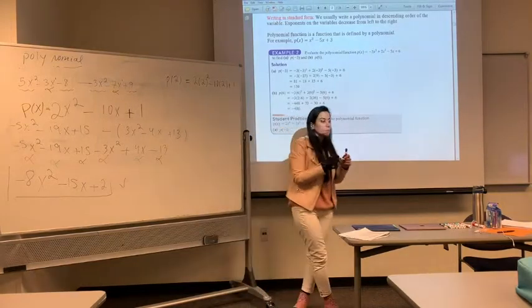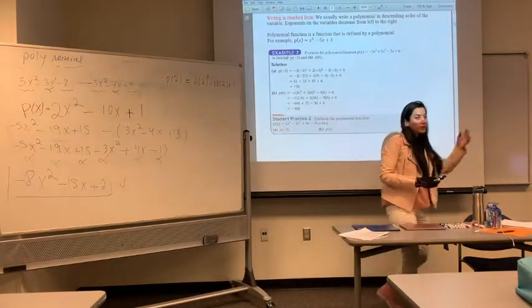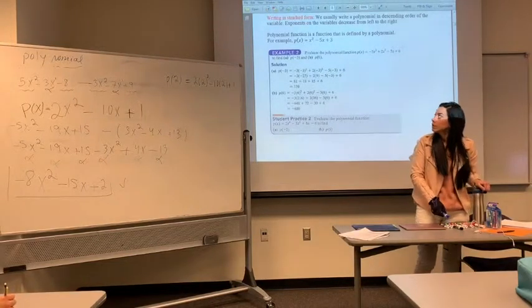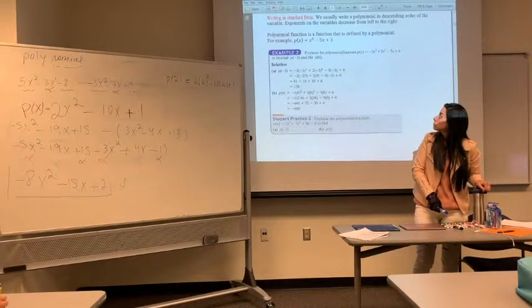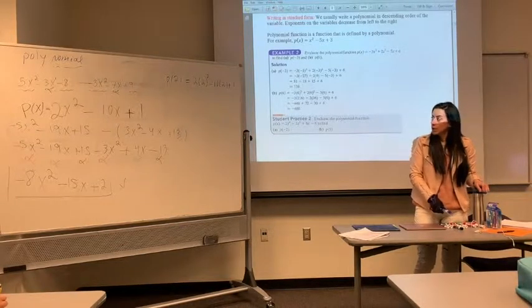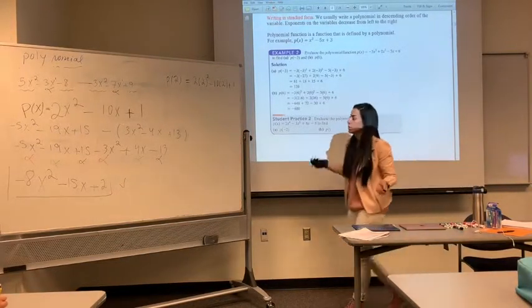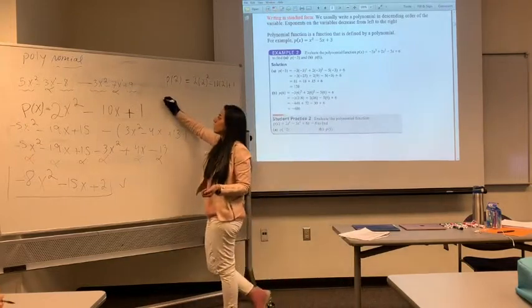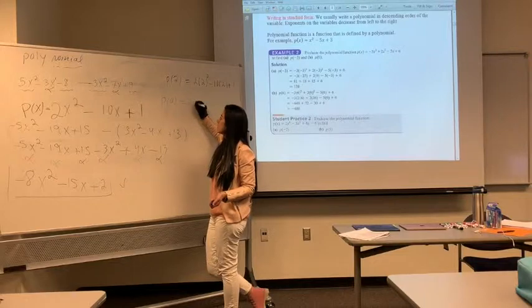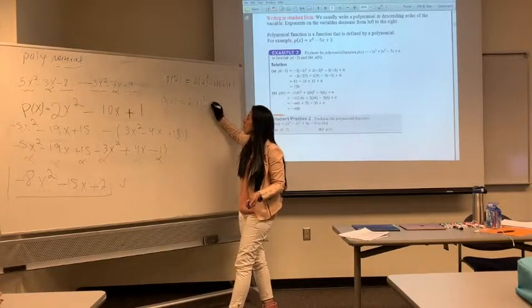So instead of x, we put 2. What we are doing is evaluating, evaluating for 2. Any number works, like I can also find the polynomial at 0, so instead of x we put 0.